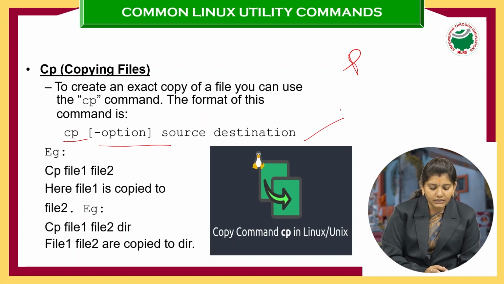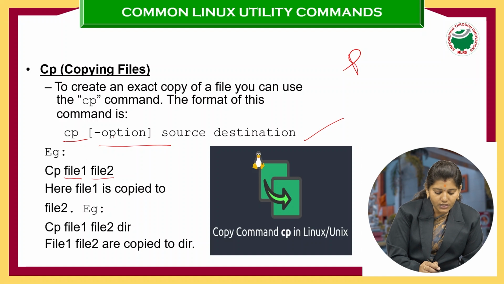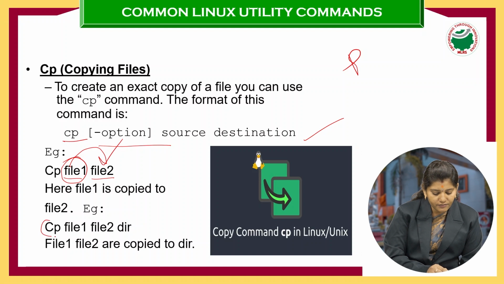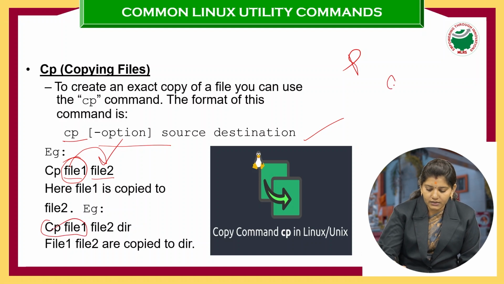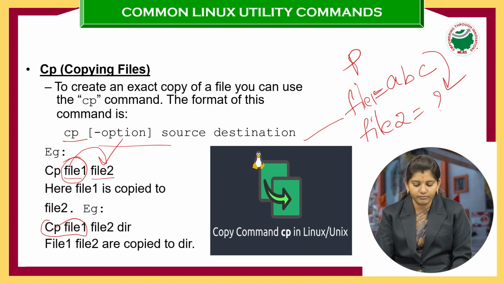For example, here I have written file 1 and file 2. The data we have in file 1 has to be copied to file 2. For example, file 1 has abc, and file 2 has nothing.